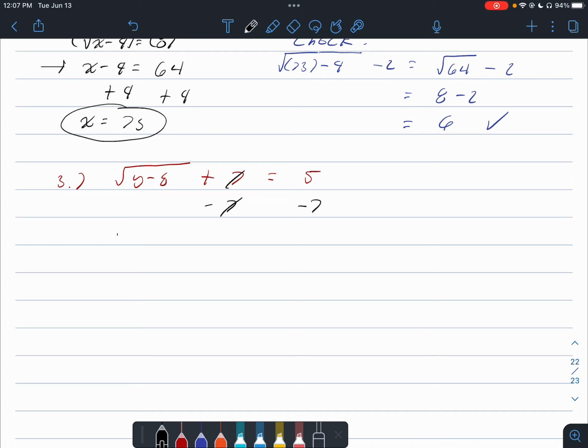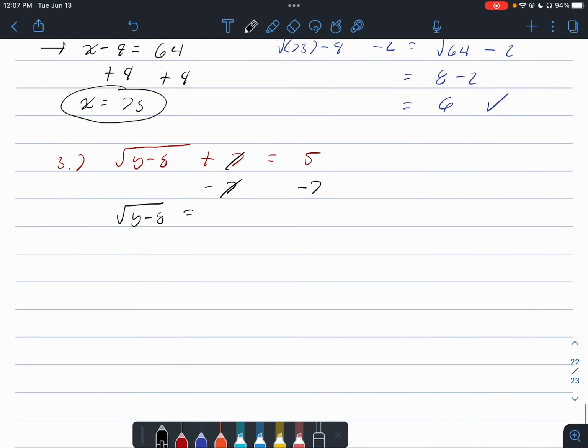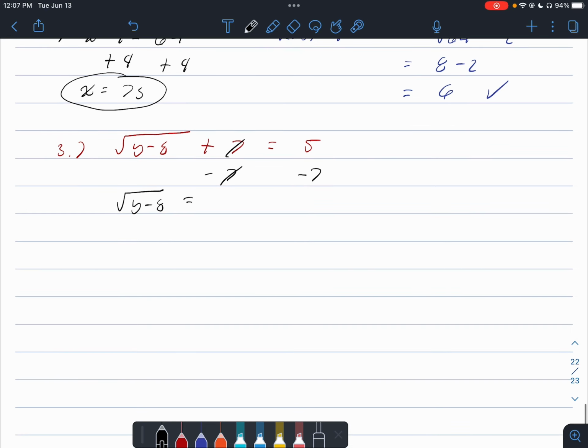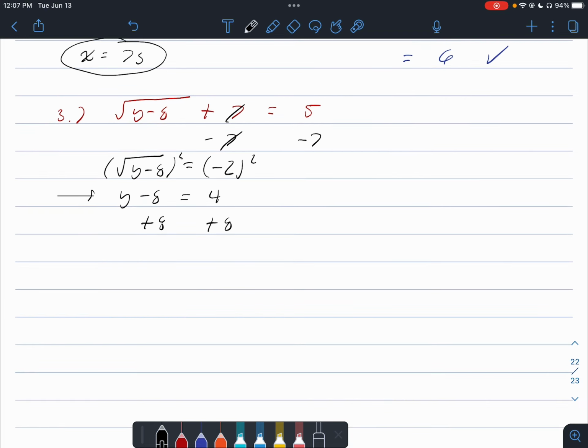Now we're going to end up with the square root of y minus 8 is equal to negative 2. Let's square both sides, and we'll get that y minus 8 is equal to 4, because negative 2 squared is 4. We can add 8 to both sides, and we'll get y is equal to 12.